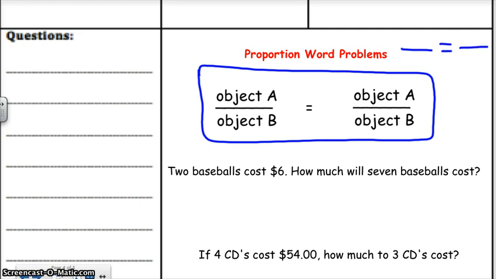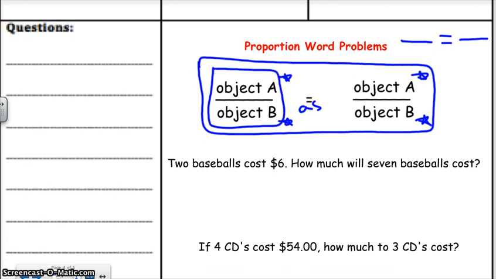And when you set two fractions equal to each other, you just created a proportion. And I have object A is to object B as object A is to object B. You're going to be given a relationship, and then you're going to be given an unknown. The first fraction is always the relationship that you're given.